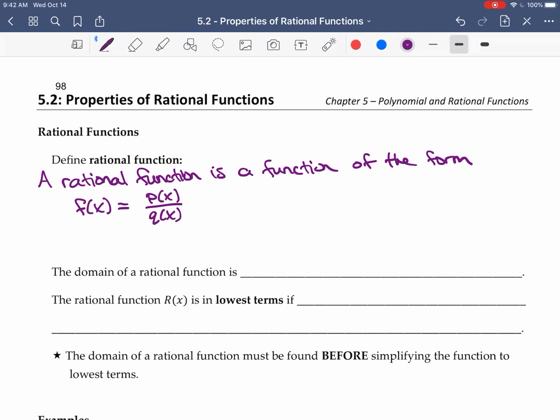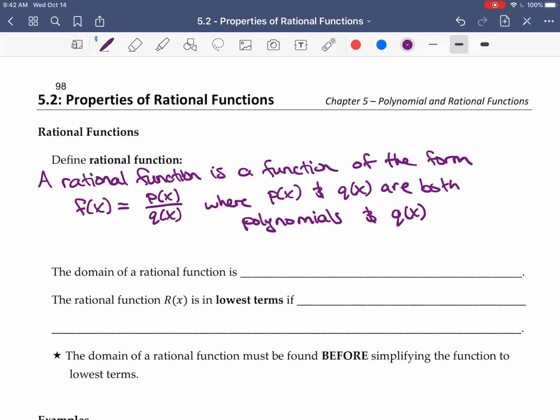So it's a fraction where p of x and q of x are both polynomials, and q of x is not the zero polynomial. Obviously we don't want to divide by 0.